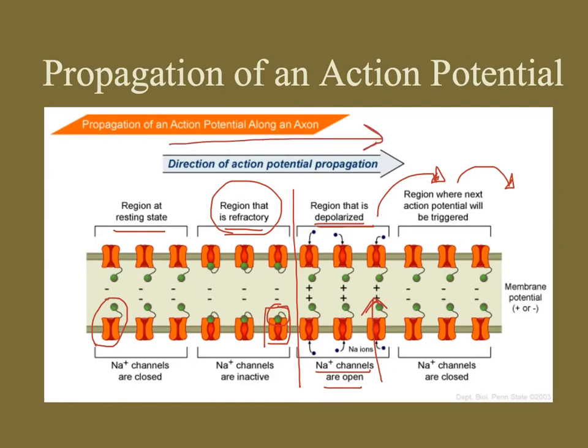They can't move backwards because the part of the membrane it just has passed through is not able to accept another impulse. And so this refractory period where it is not able to bring in sodium ions, it is not able to respond with a nervous impulse, is a protective mechanism that makes sure that nerves only travel one way.